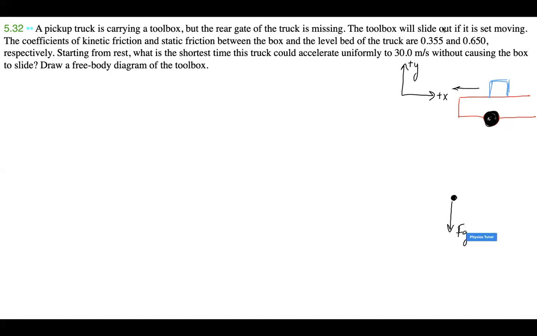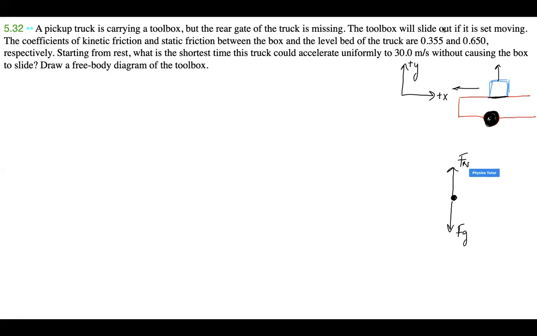And when an object is in contact with a surface, the perpendicular direction from that surface is the normal force. So this is the surface where the box is touching, and perpendicular to this is the normal force.